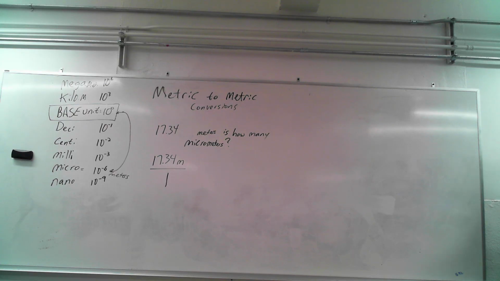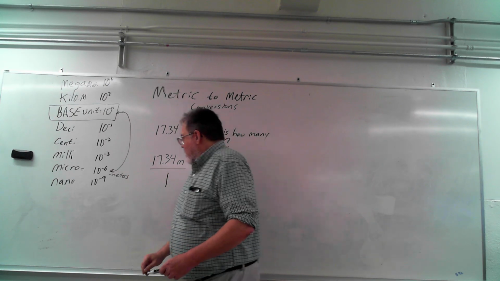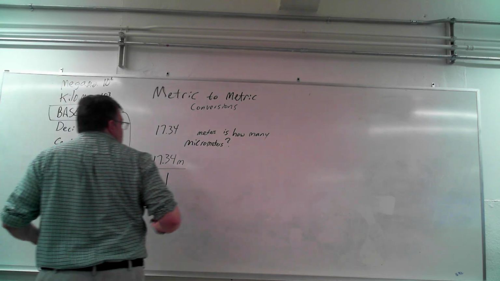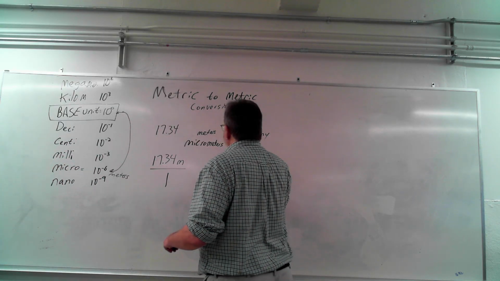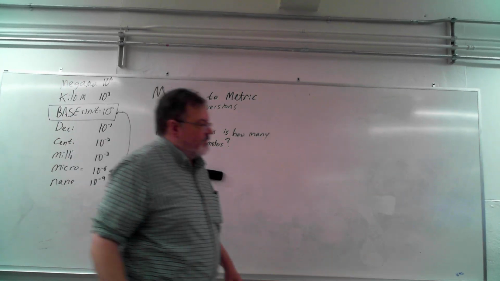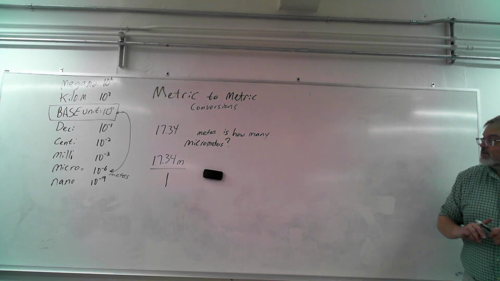Of course, you can write this in the expanded form with all the zeros. Let me play with this. Am I still on camera? Sorry. Yeah, I've got space over here.